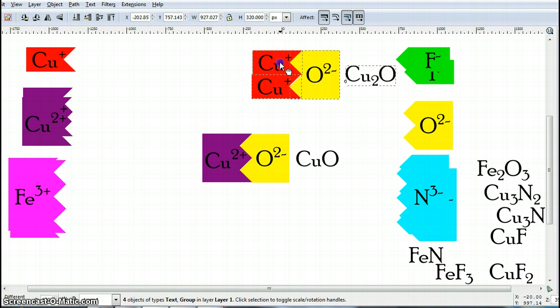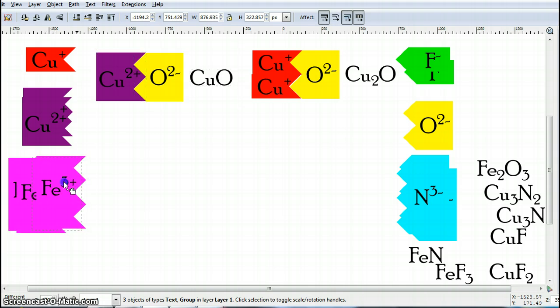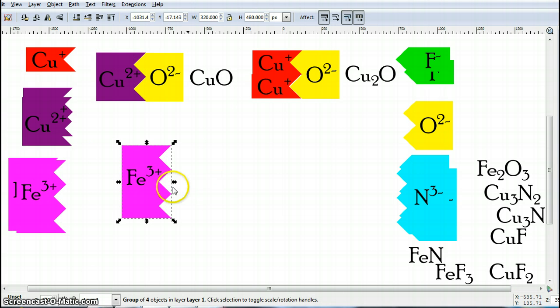Alright, I'm going to move these off to the side. We'll do one last quick example because I always like to do 3 examples. Let's say, for example, that I use Fe with a 3+. Now, there are two versions of iron that are out there. Okay, there's iron 3 and there is also iron 2. Iron 3 means that it has a +3 charge, so therefore this one must be iron 3.